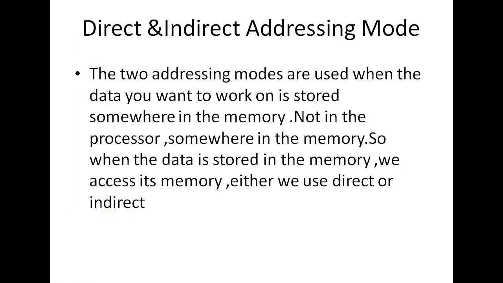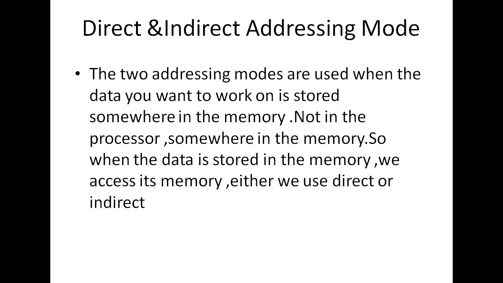Now the third and fourth addressing modes, that is the direct and indirect addressing modes. These two addressing modes are used when the data you want to work on is stored somewhere in the memory, not in the processor. Earlier we have seen the data was given in the processor itself, either in the instruction or in the register.